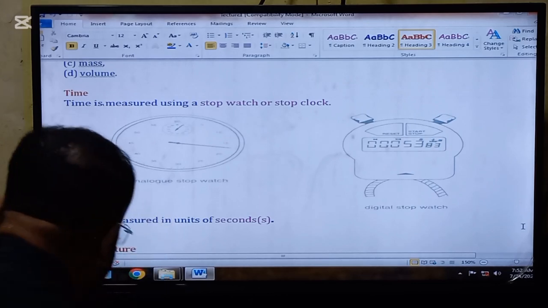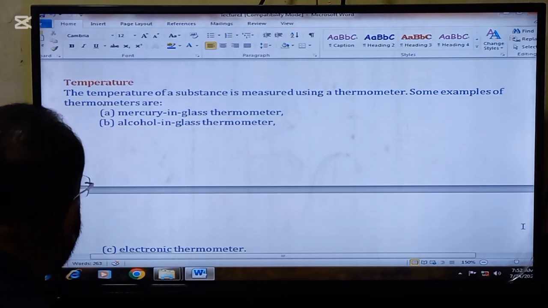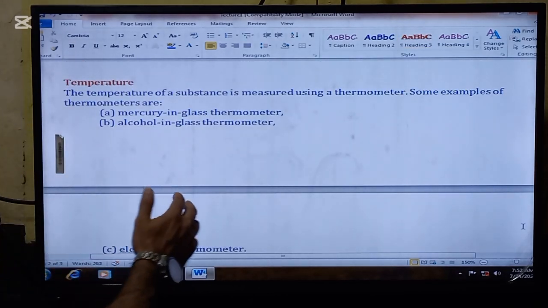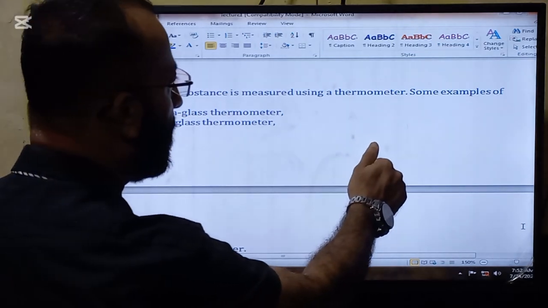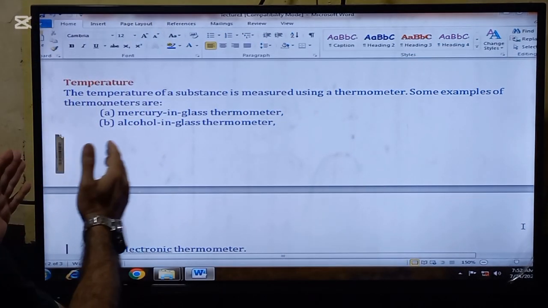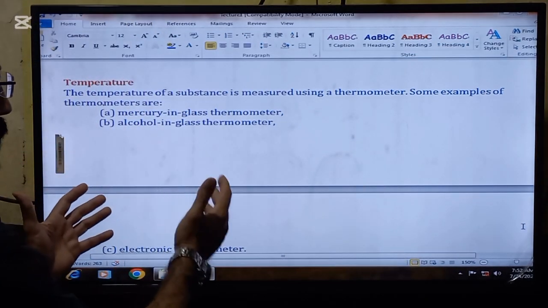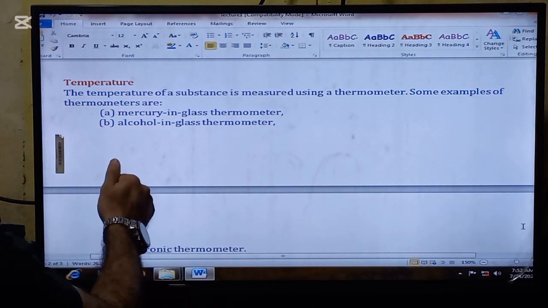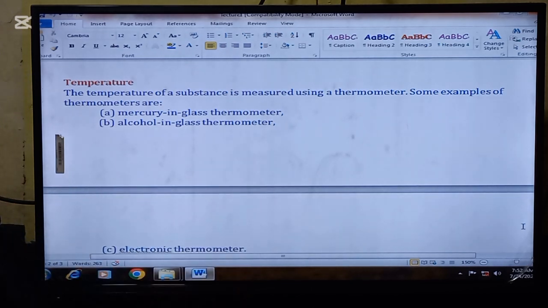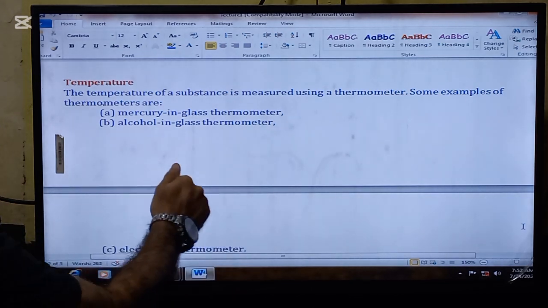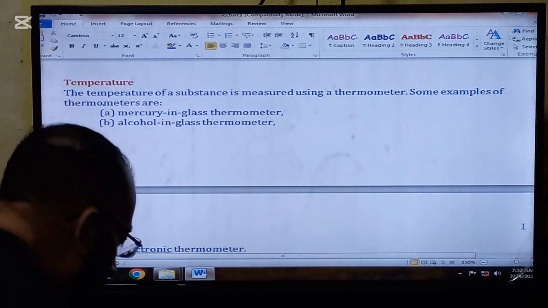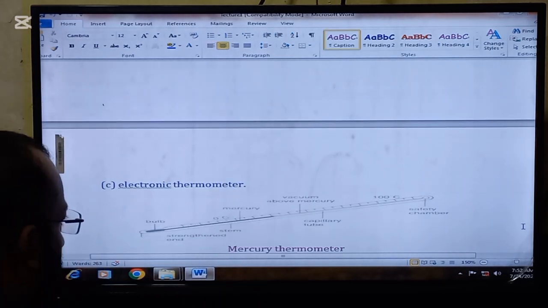The next thing that we are going to read is temperature. The temperature of a substance is measured using a thermometer. Some examples commonly used in the laboratory are: number 1, mercury-in-glass thermometer; number 2, alcohol-in-glass thermometer; number 3, electronic thermometer.